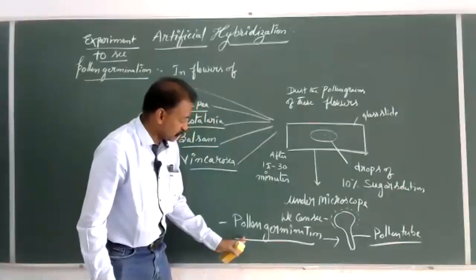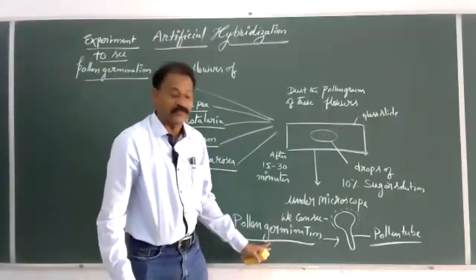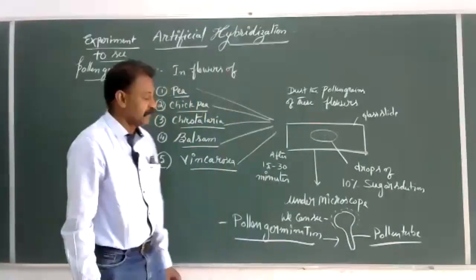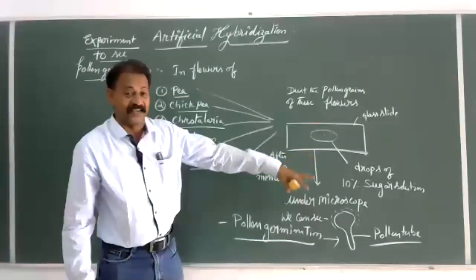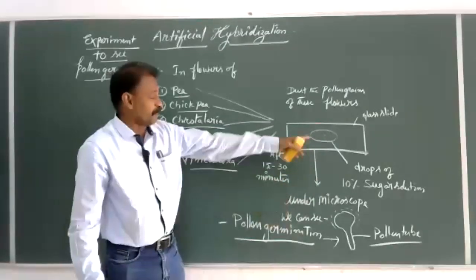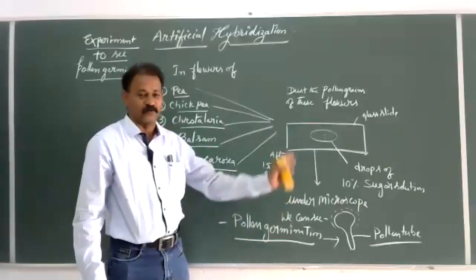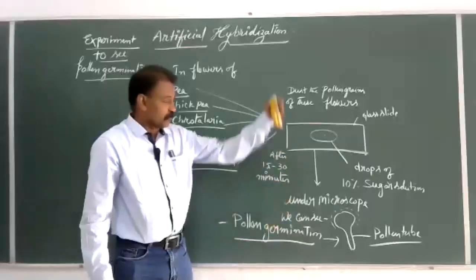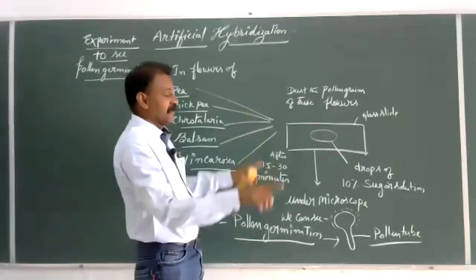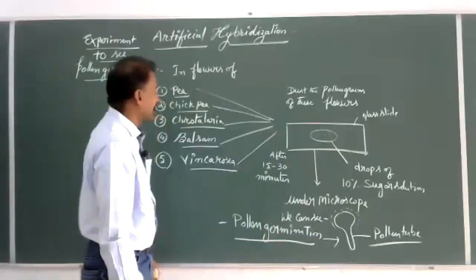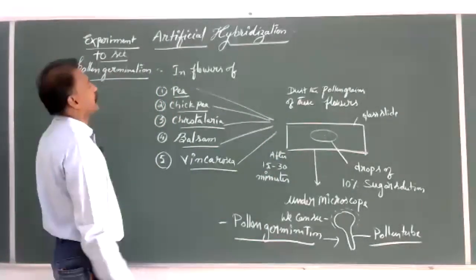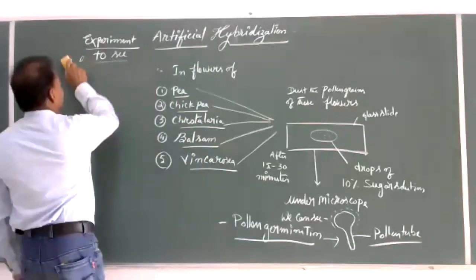What is a pollen going to do? A pollen is going to germinate to produce a pollen tube. And we are going to count the number of pollens which germinated, the ratio of germinated pollens. Experiment 1, experiment 2, experiment 3. So we will put them in the form of serial numbers and give the result, the number of pollen grains.